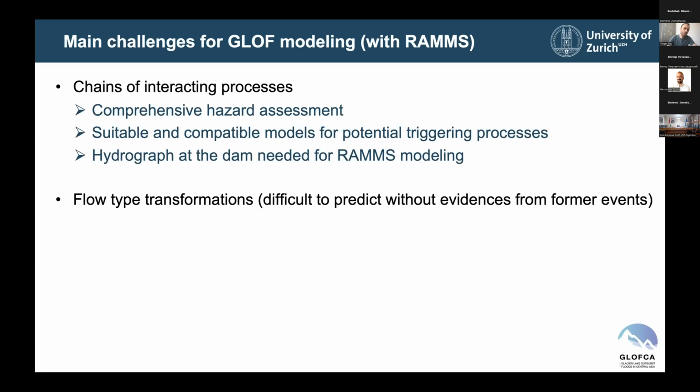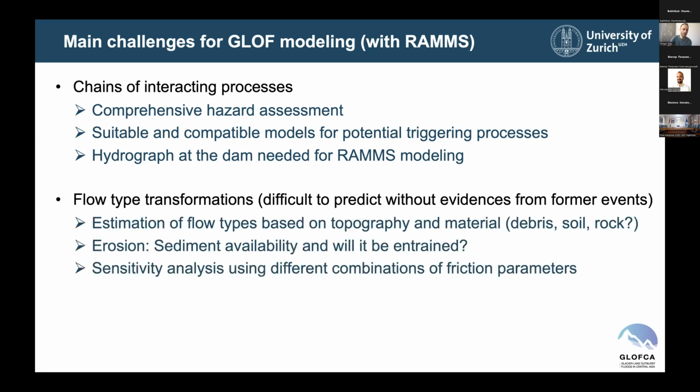We try to address the challenge of interacting processes first by a comprehensive hazard assessment, so that we know what processes are involved and are then able to model all the processes and interactions. What we need, and the aim of this hazard assessment and modeling, is a hydrograph at the dam that we can then use for RAMS modeling of the lake outburst flood.